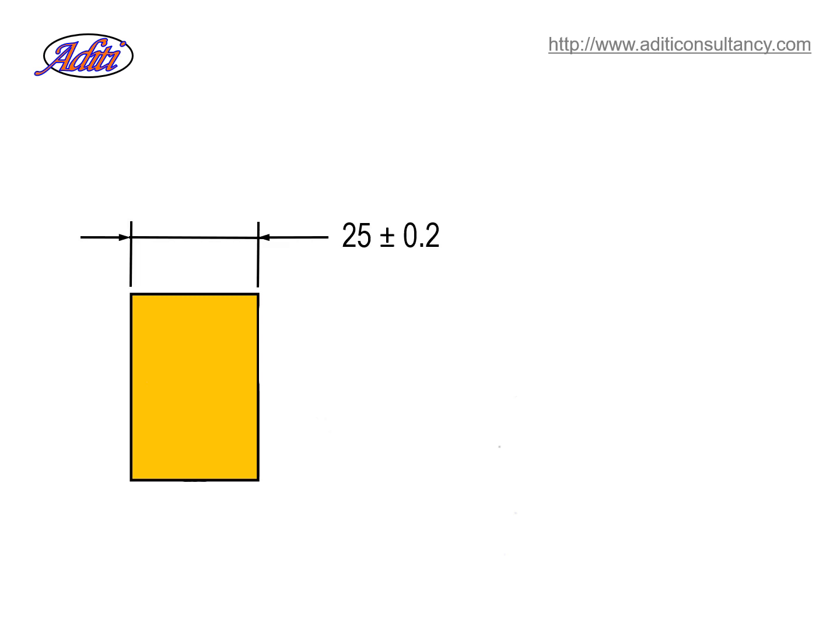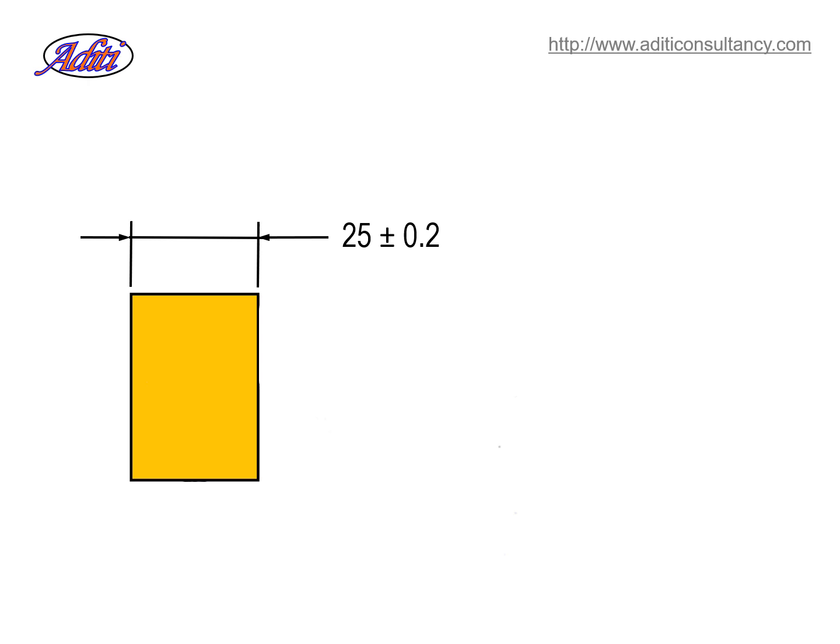Let us see now what is perpendicularity. In the sketch, the thickness nominal value is 25 and it can vary by plus or minus 0.2. The meaning of this is, when this thickness is measured, it is supposed to lie within two limits, 24.8 minimum and 25.2 maximum.